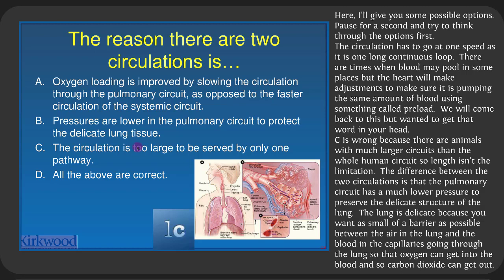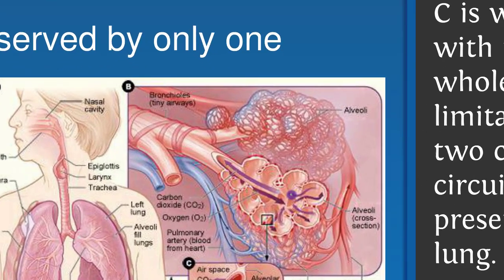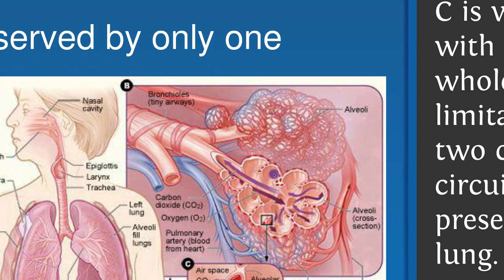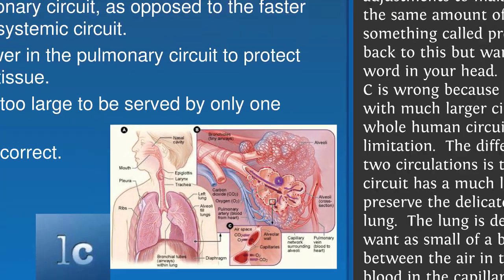The lung's delicate because you want as small of a barrier as possible between the air and the blood. So we have air in here. The little red guys are capillaries. The little red guys here too are capillaries. We want as little of a barrier as possible between the air in here and the capillary. That means this structure is pretty delicate, which means the blood pressure going through here has to be pretty low.